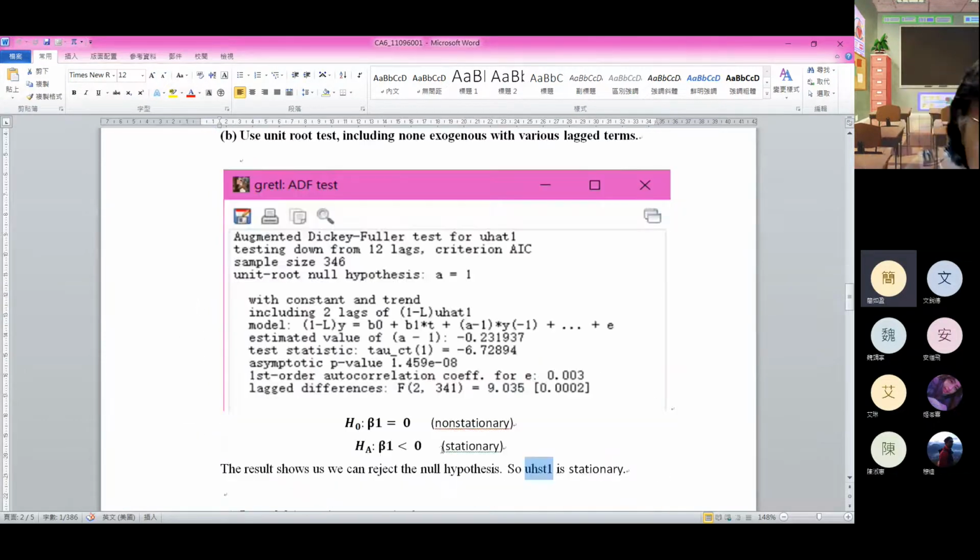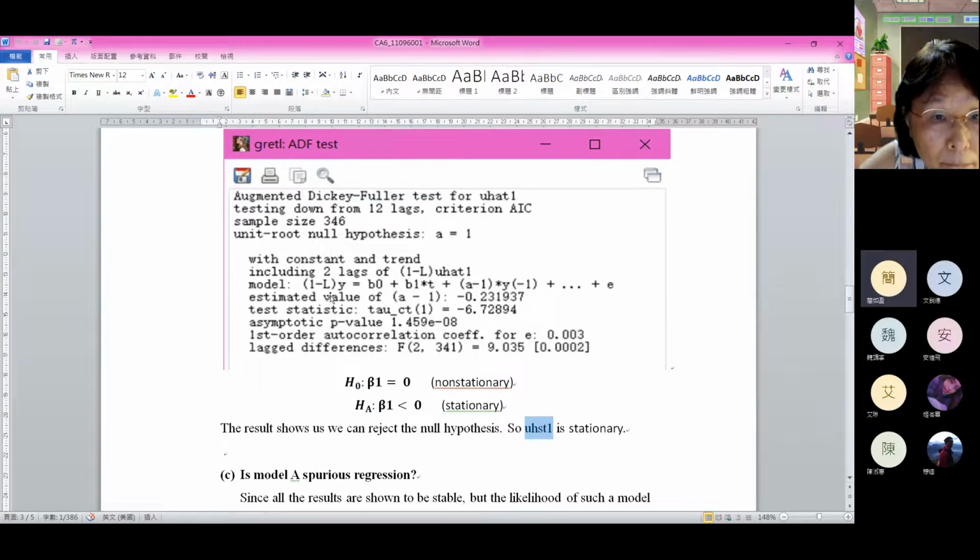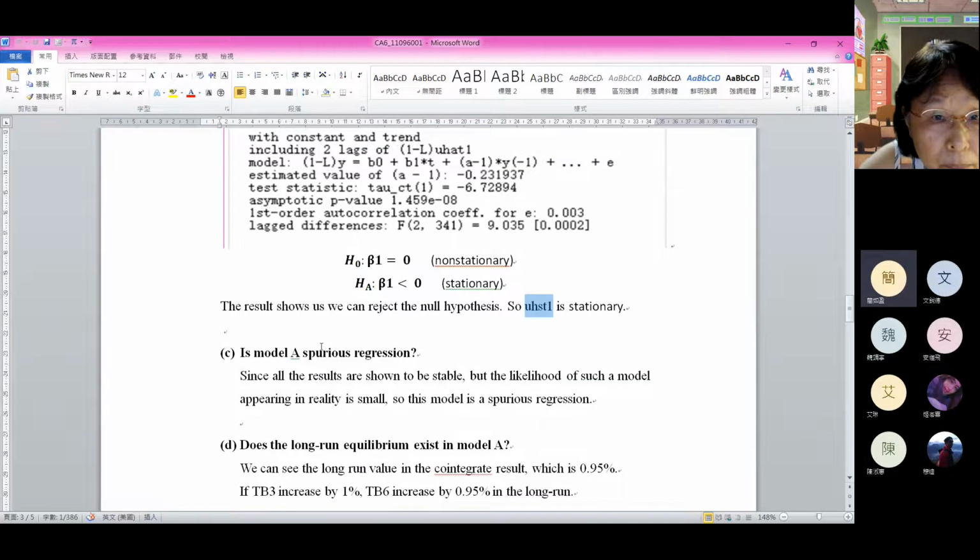Oh, you mean the residual from model A? Yes, the residual from model A. So I tested it, it's stationary, and for the C part, is it spurious regression? My answer is wrong. Because this model is stationary, it is not spurious regression.